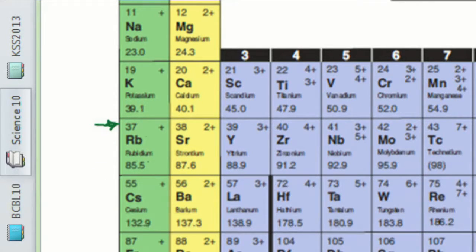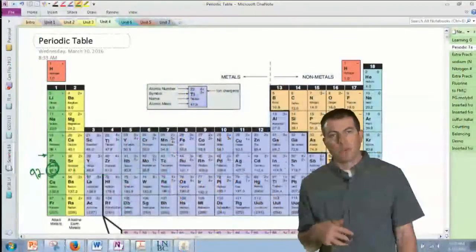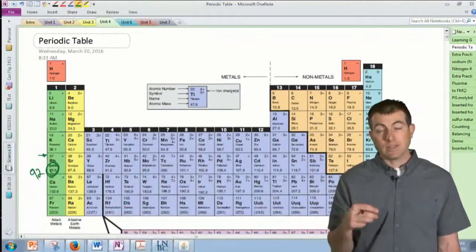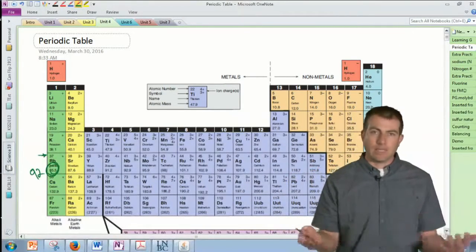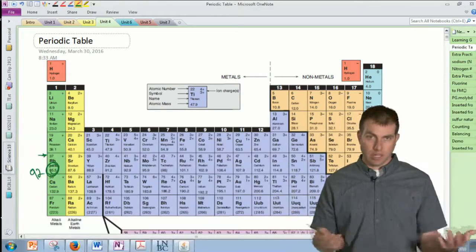And the reason these can be different, ours is 92 in the example we just did, is because these are different isotopes of the same element. So the mass can change, but if you have something with 37 protons, it has to be rubidium. It can't be anything else.